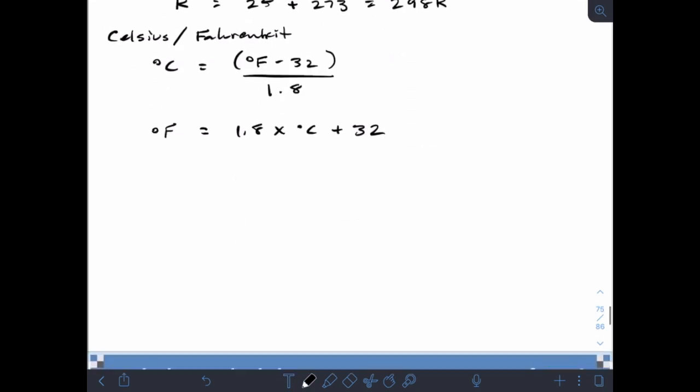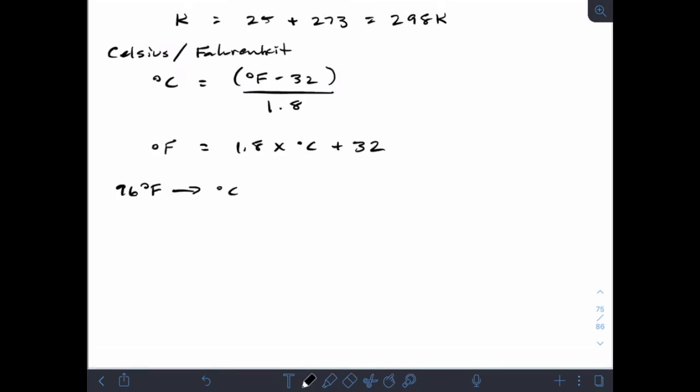Just to do some examples. Let's say I want to take 96 degrees Fahrenheit and convert that to degrees Celsius. I'm going to use my top equation. Degrees Celsius equals my temperature in Fahrenheit, which is 96, minus 32, divided by 1.8.